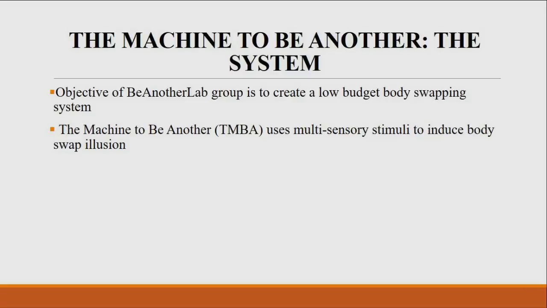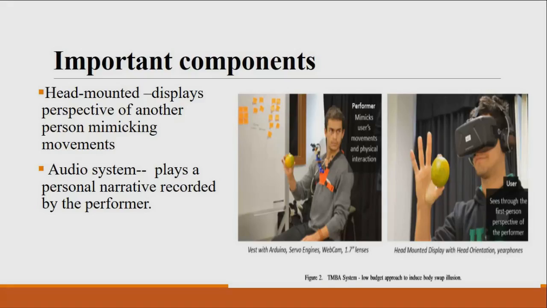The system also uses multi-sensory stimuli so the participant can get a realistic experience of the overall experiment. The two important components of the system are the head mounted display that reveals the performer mimicking acts, and the audio system that plays the narrative of the performer about the object.